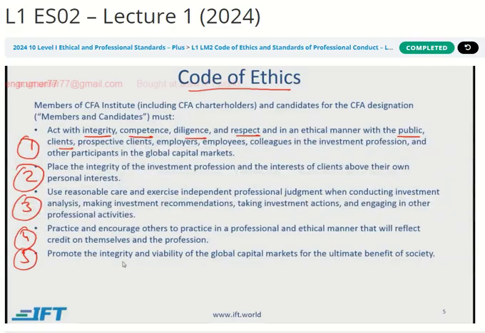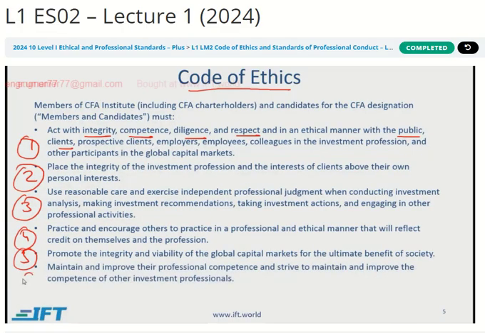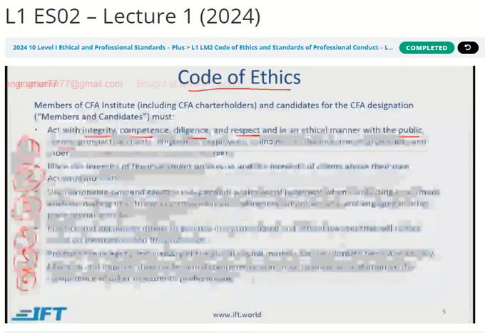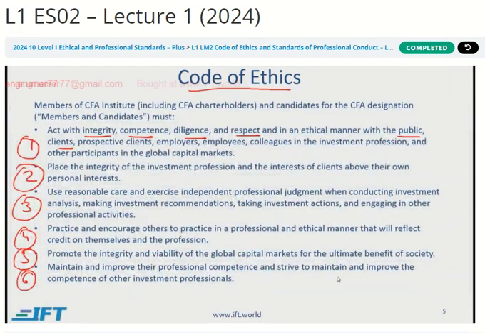Number 5: promote the integrity and viability of the global capital markets for the ultimate benefit of society. And finally, number 6: maintain and improve their professional competence and strive to maintain and improve the competence of other investment professionals.